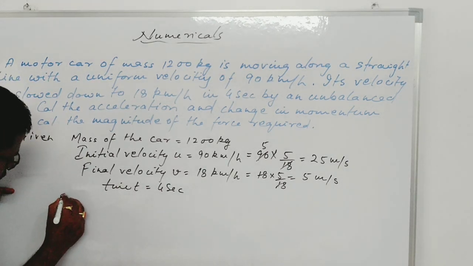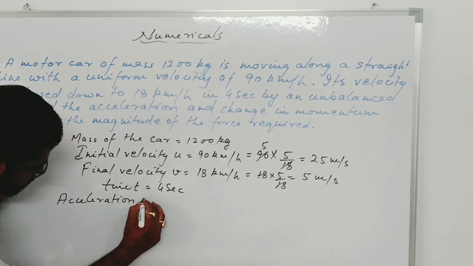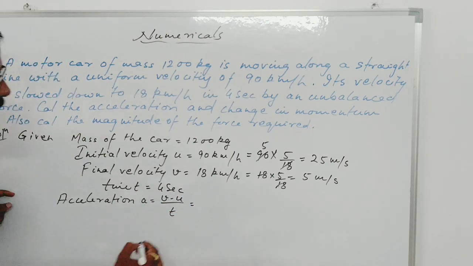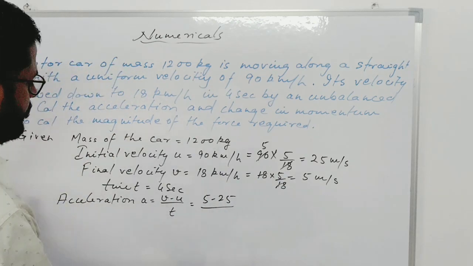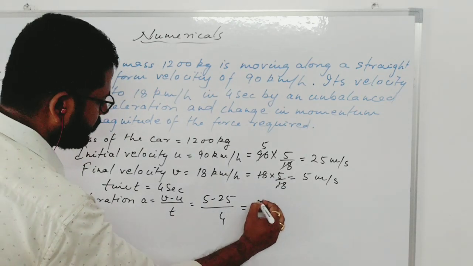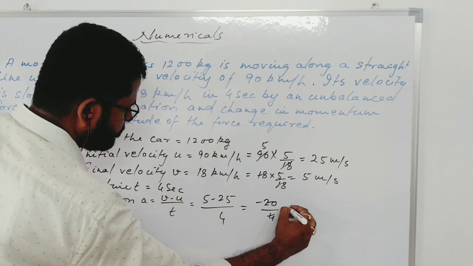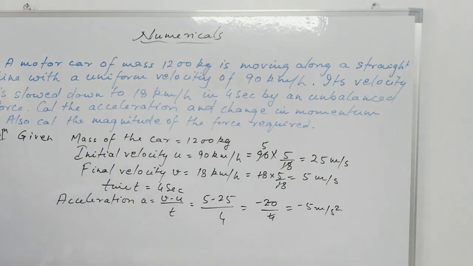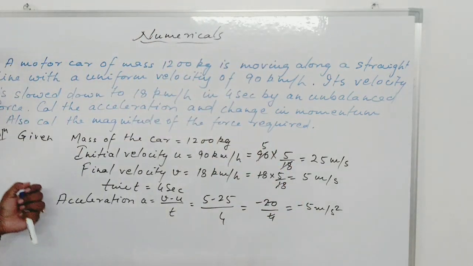So a is equal to (v minus u) upon t, that is (5 minus 25) upon 4 seconds, that is equal to minus 20 upon 4, that is equal to minus 5 meter per second square. So the acceleration we got is minus 5 meter per second square.